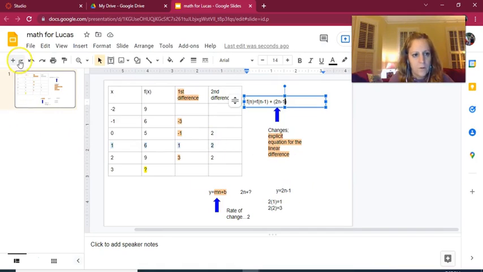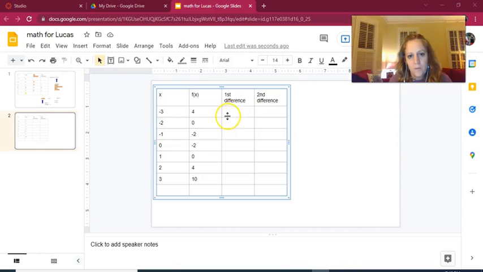So let me see if I can do another one. Okay, so let's try with this one. The first difference to go from 4 to 0 is going to be a minus 4. To go from negative 4 to negative 2 is going to be a positive 2.